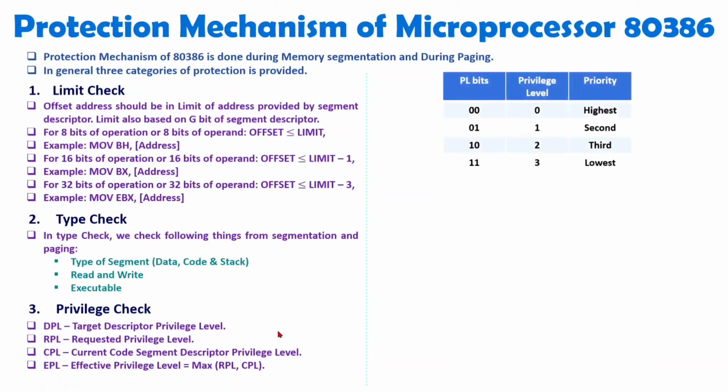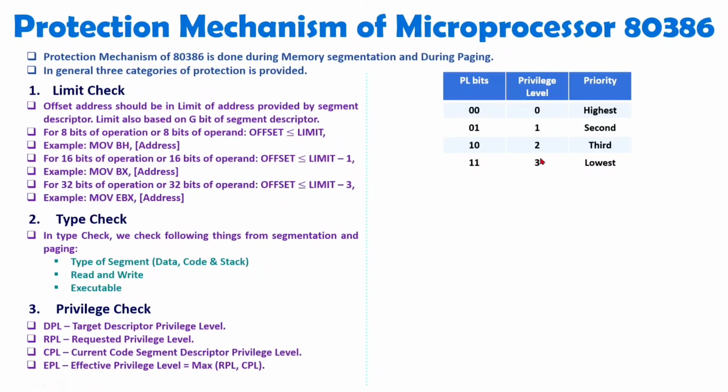So here you should know first what is privilege level. So we have 2 bits to have privilege level. So by 2 bits we can have in total 4 privilege levels, 0, 1, 2, 3. 0 is having highest priority and 3 is having lowest priority.